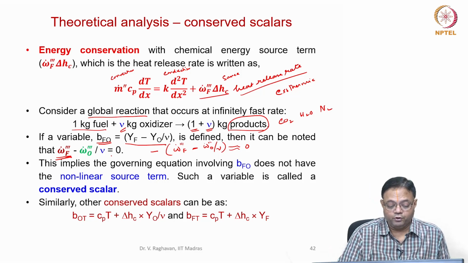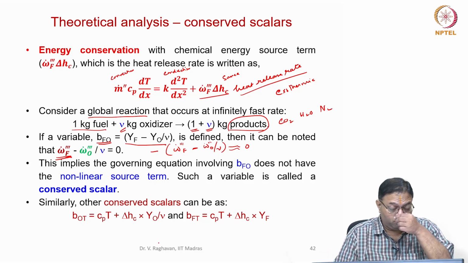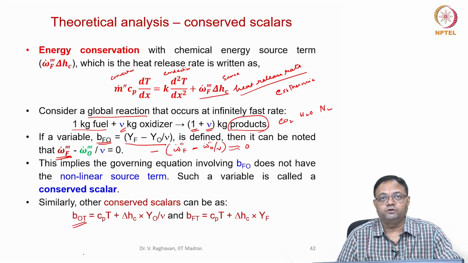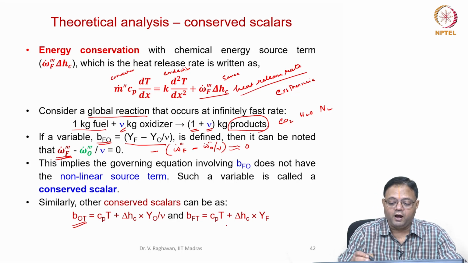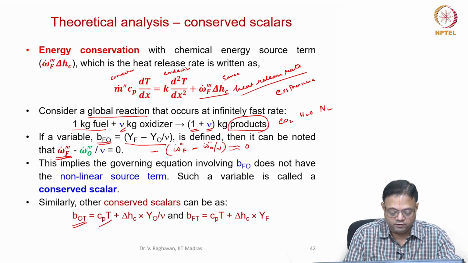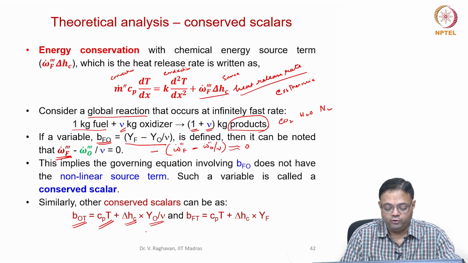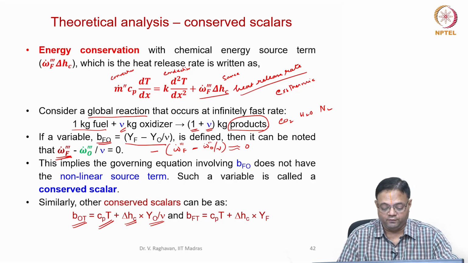Similarly, I can define two more variables, B_OT. Take the oxygen conservation and the energy equation, C_P T plus delta H_C into Y_O by nu. See, Y_O by nu is equal to Y_F at the flame zone. Please understand that. Okay.